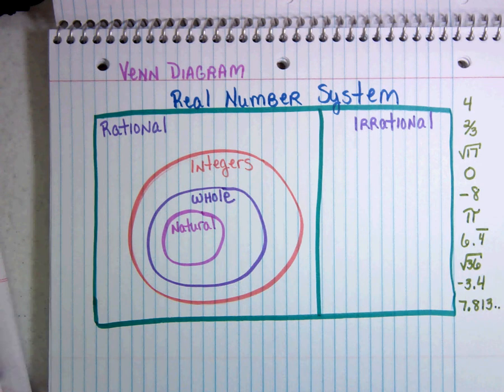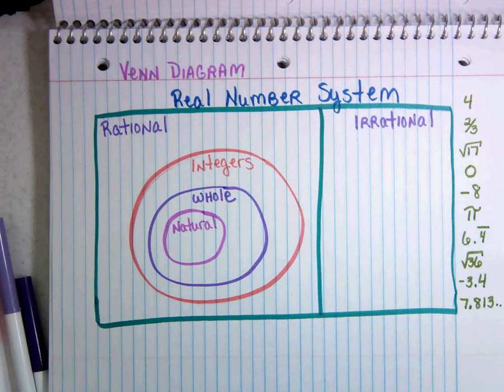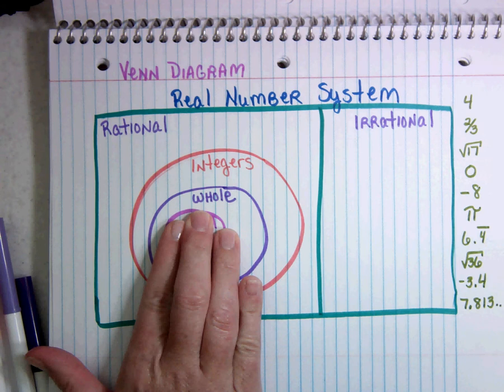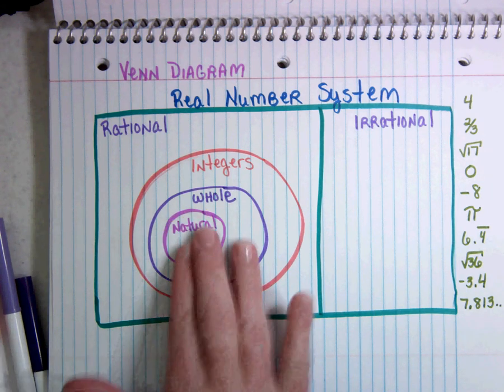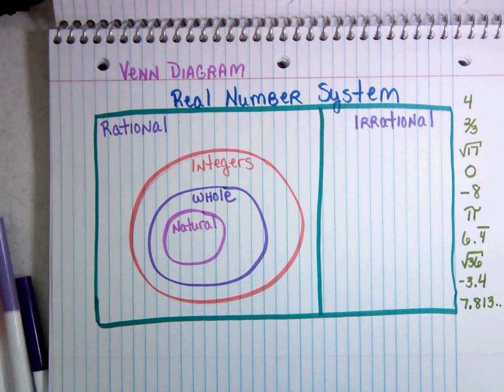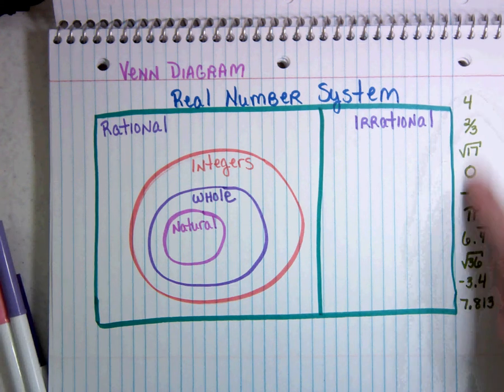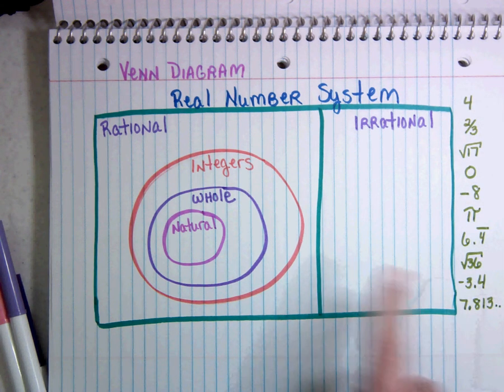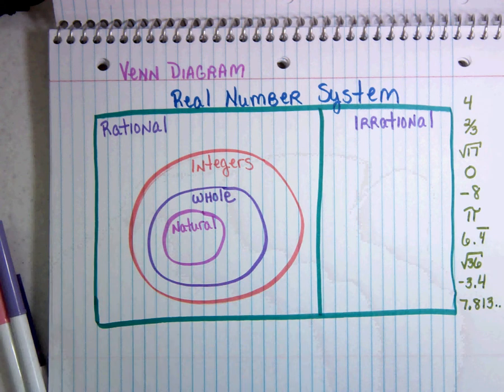Okay, and so that's the way our Venn diagram should look, or any kind of diagram that we look at the real number system. It should look something like that. Sometimes they might take out a category, but it still should build up like this. Okay, so what we're going to do now is, you see that you don't have to write these numbers down. We're going to write them down in just a second. But we're going to take all of these numbers and we're going to place them in the correct location on our Venn diagram.